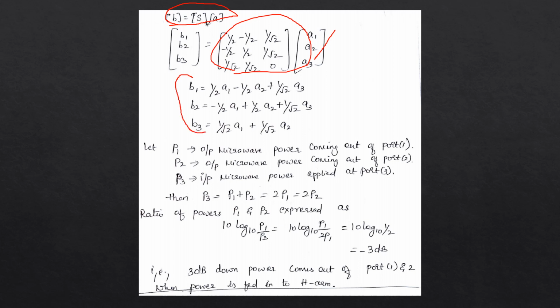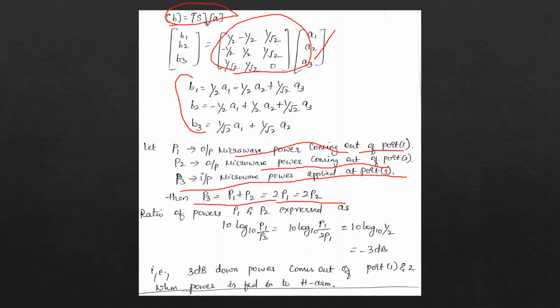Let P1 be the output microwave power coming out of port 1, P2 be the microwave power coming out of port 2, and P3 be the input microwave power applied at port 3. Then we know that P3 is equal to P1 plus P2, that is equal to 2P1 is equal to 2P2. As we all know, P1 is equal to P2.